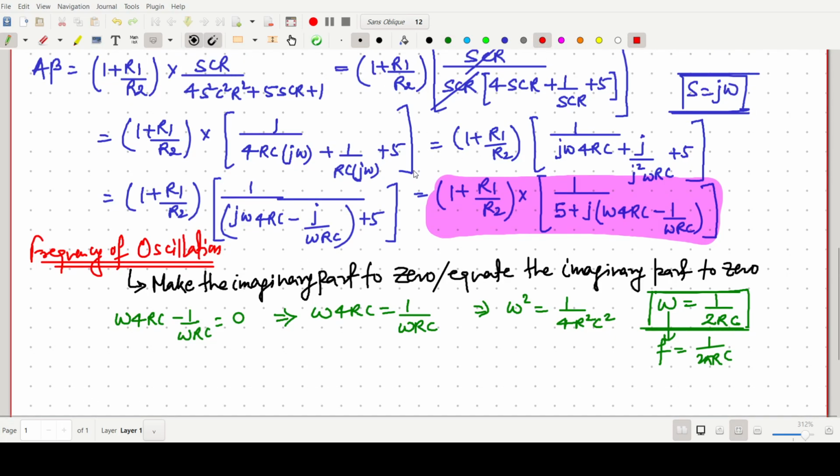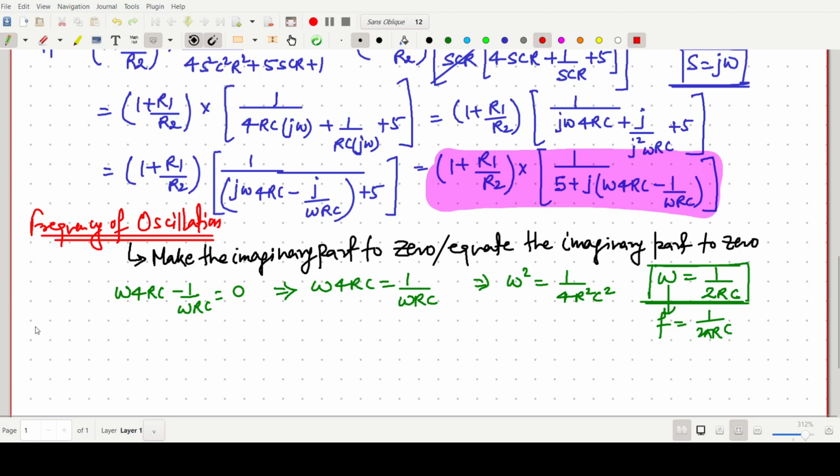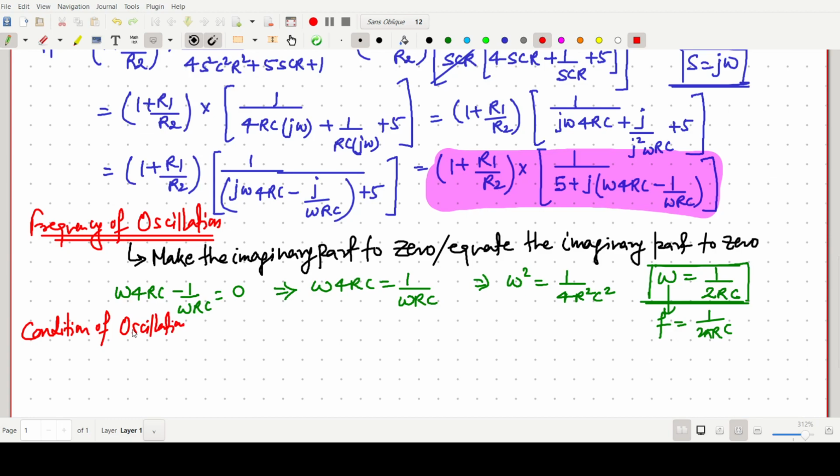Now again we have to find the condition of oscillation. So for the condition of oscillation, there are two conditions. One is A beta equals to 1. So we have used the concept A beta 1, and then the angle will be 0 degree.